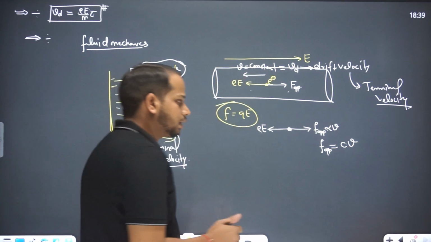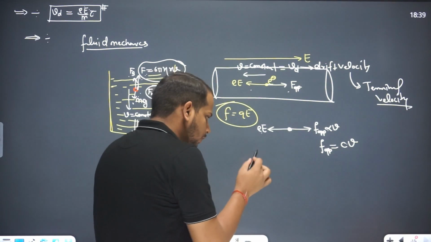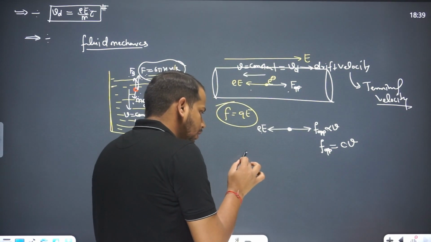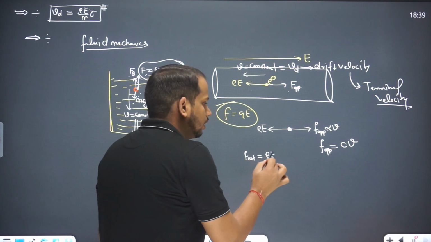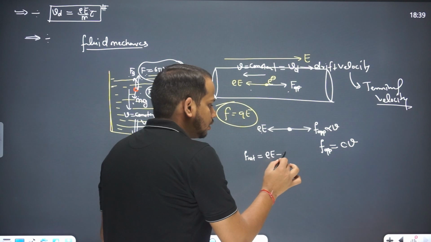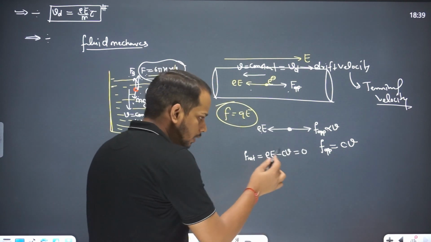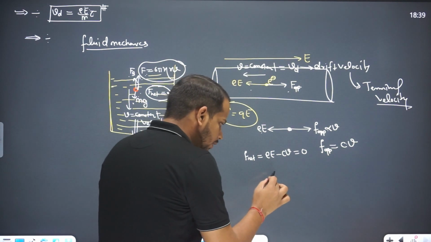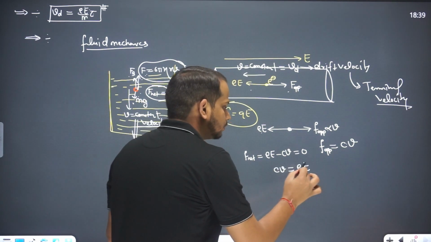So when there is a terminal velocity, these forces should be equal. What is the net force here? The net force is eE minus Cv, because they are in opposite directions, and that is 0. So can we say Cv equals eE, right?